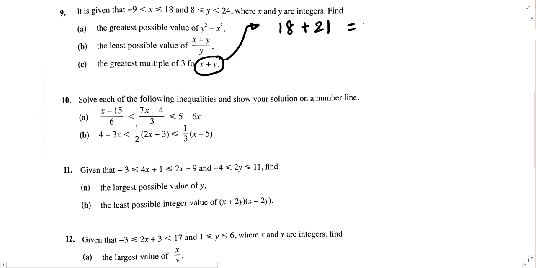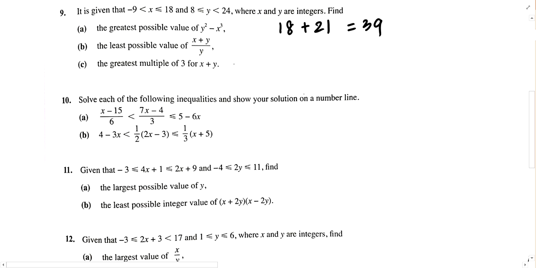So this gives us 39. So this is one possibility, one of our considerations. Now, it is also possible that we can get a multiple of 3 if x and y are both not multiples of 3. So let's see what else is possible.